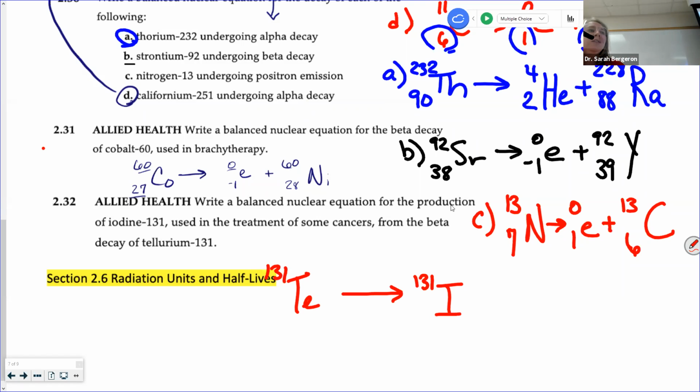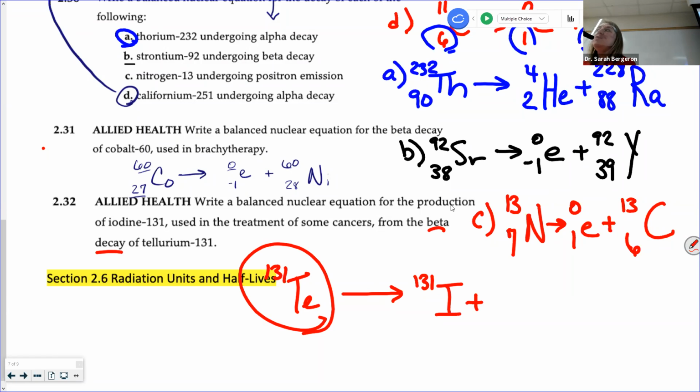And do we know what else is being produced? We know it's beta decay. So where does the beta go, left or right? It's right. Because we're saying it's the beta decay of tellurium. So here's the original substance, tellurium. Tellurium is going to decay into iodine and a beta particle.